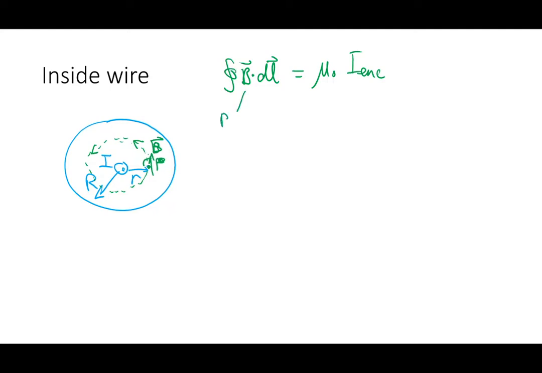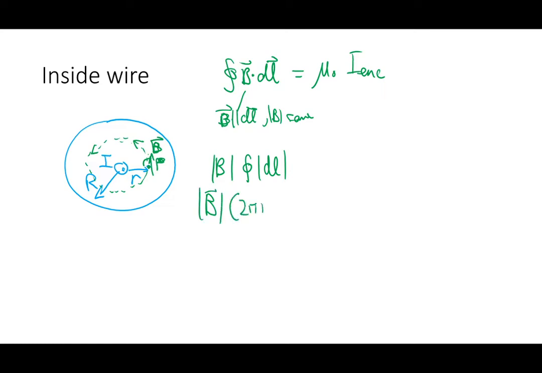Again, the same kind of symmetry applies, so these are parallel at all points, and B is the same. So we end up doing the same thing on the left-hand side, giving us B times 2 pi little r as the loop integral.